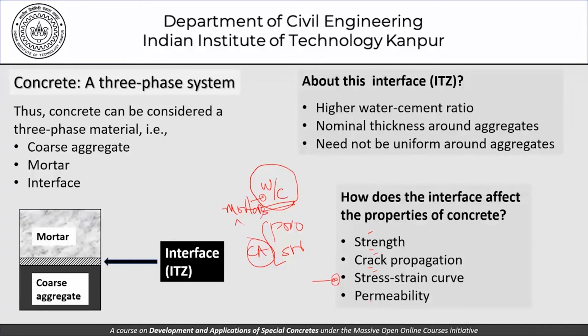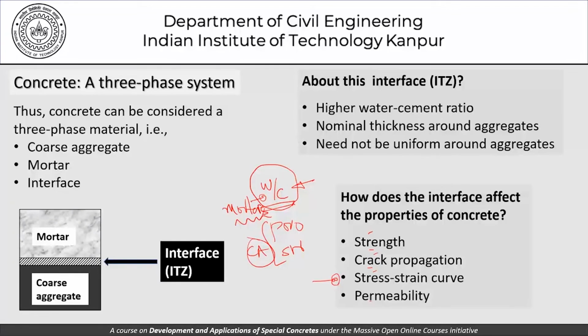So the fact that we always talk about strength depending on water-cement ratio really means that the mortar is the weakest link in the chain, and within that system the ITZ is actually the real culprit. The real weak link is the ITZ.